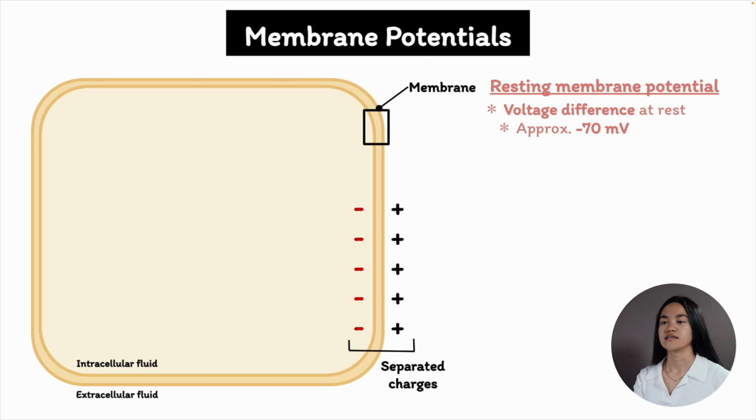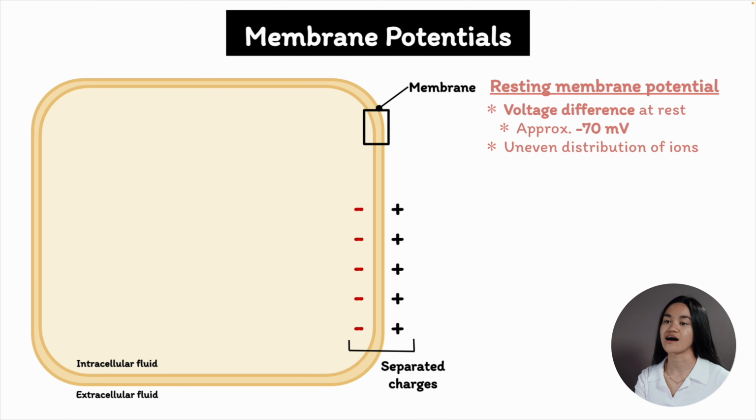The difference in electrical charge is caused by the uneven distribution of ions on the inside and outside of the membrane. Ions are atoms that have either lost or gained electrons, and so they have a positive or negative charge. A positive ion is called a cation, and a negative ion is called an anion, okay? And the human body contains a variety of ions.